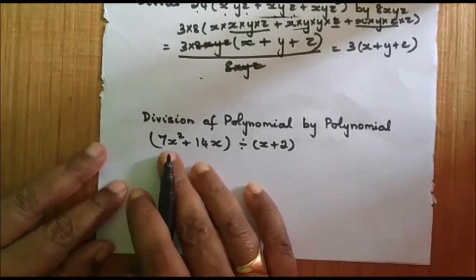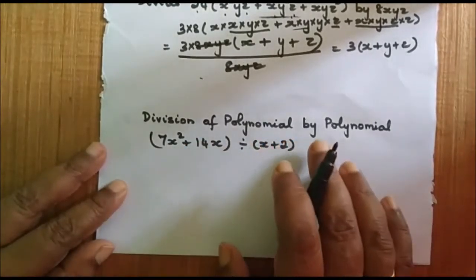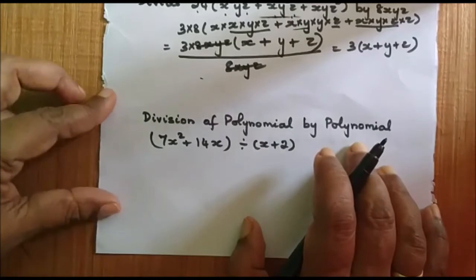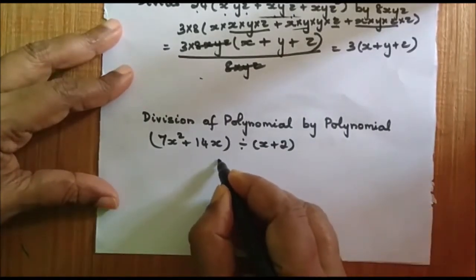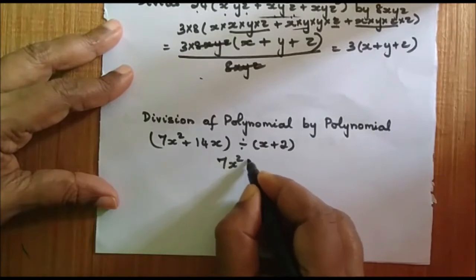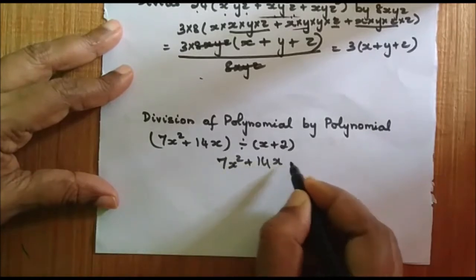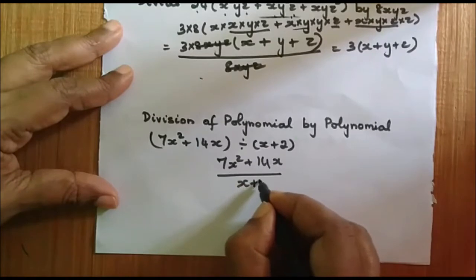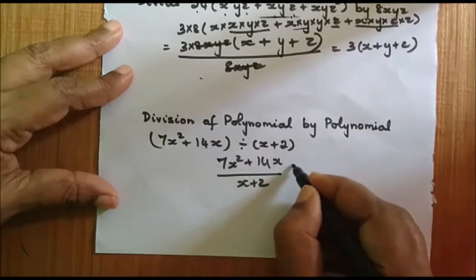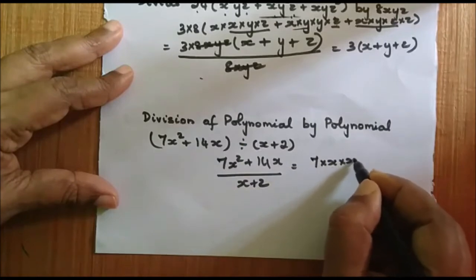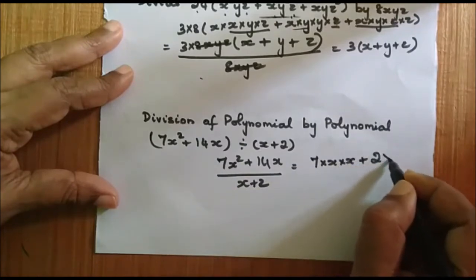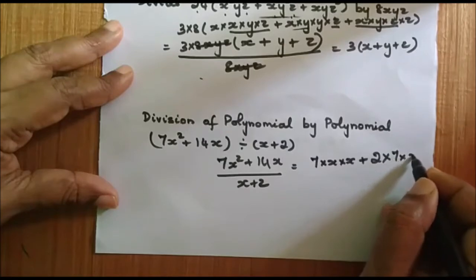Now the next one is division of a polynomial by another polynomial. So now let us see how we can write this. 7x squared plus 14x divided by x plus 2. Now what are the common terms in this? This can be written as 7 into x into x, and 14x can be written as 2 into 7 into x.